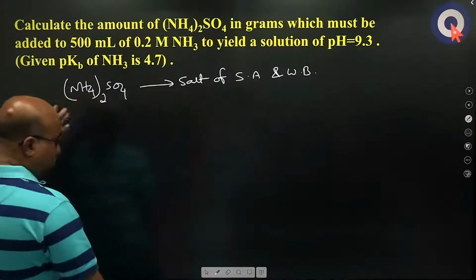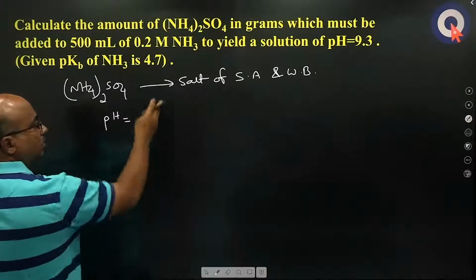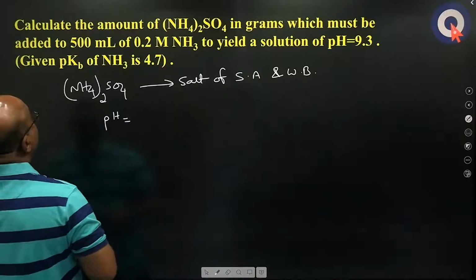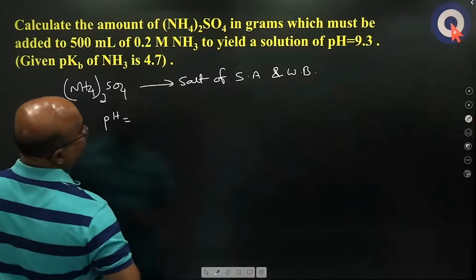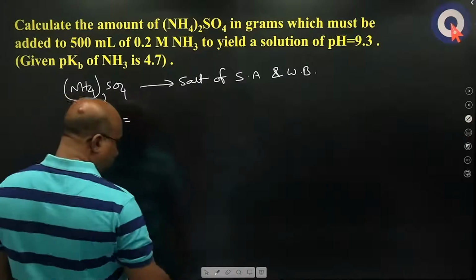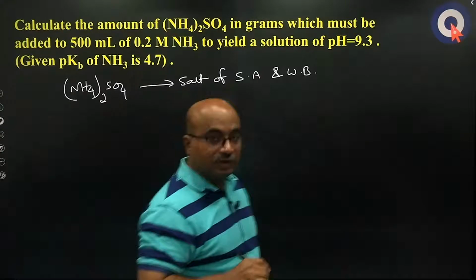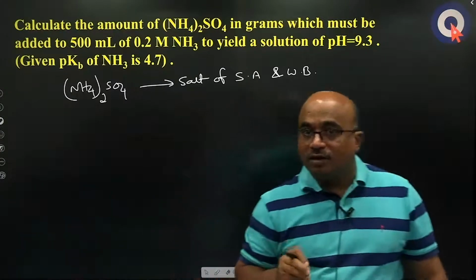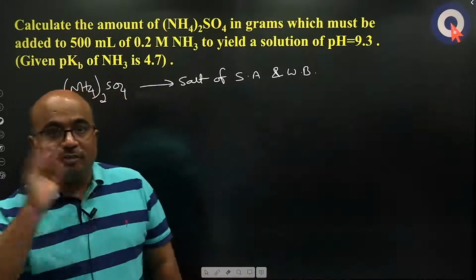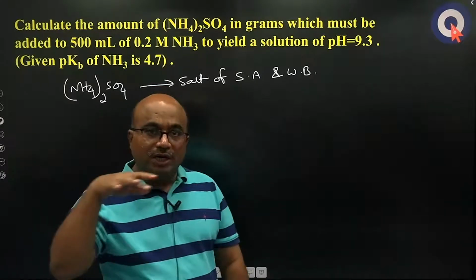So what is the pH expression that we can take? Because it's a salt of a strong acid and weak base, the pH should be less than 7. But here we got 9.3, so it may not be just a salt. If it were only hydrolysis, the pH would have to be less than 7 because it should be acidic. It is now more than 7, so it is not hydrolysis, which means it is not completely neutralized.